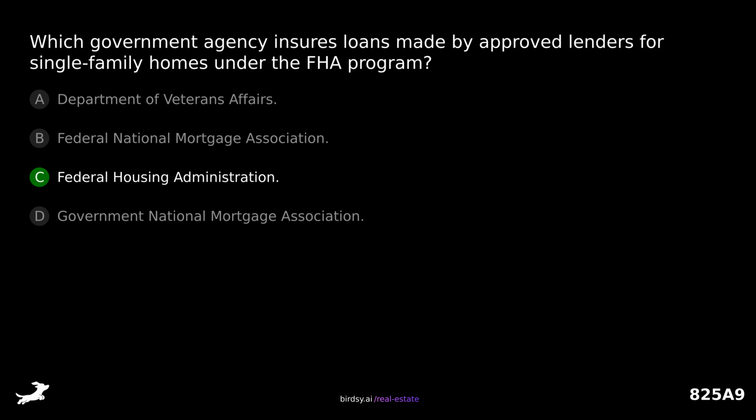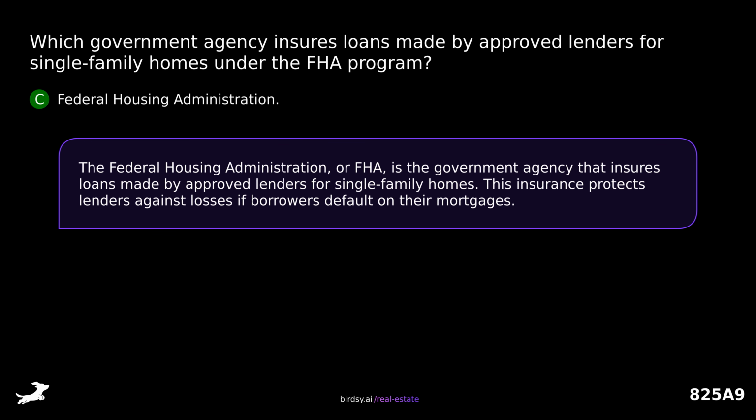The correct answer is C. Federal Housing Administration. The Federal Housing Administration, or FHA, is the government agency that insures loans made by approved lenders for single-family homes. This insurance protects lenders against losses if borrowers default on their mortgages.